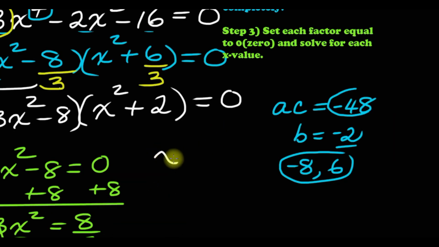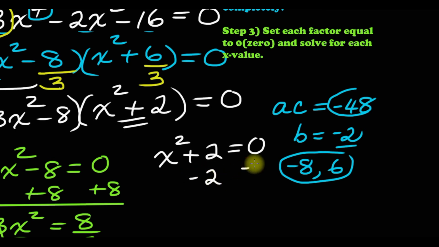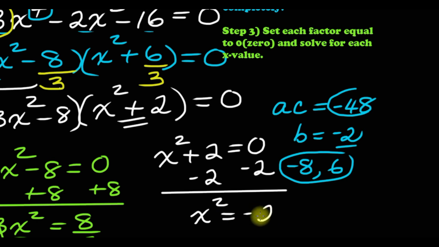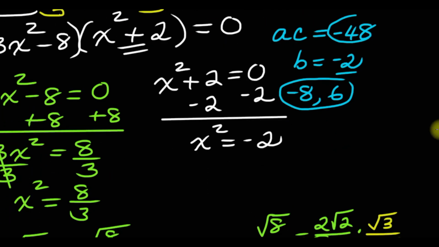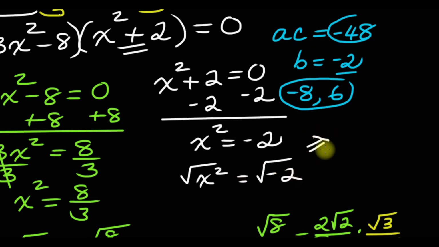Okay, so the other one is x squared, this one right here, x squared plus 2 is 0. Solving for x, minus 2, so x squared is negative 2. And to go from x squared to x, you take square root of it. So square root of x squared, square root of negative 2.